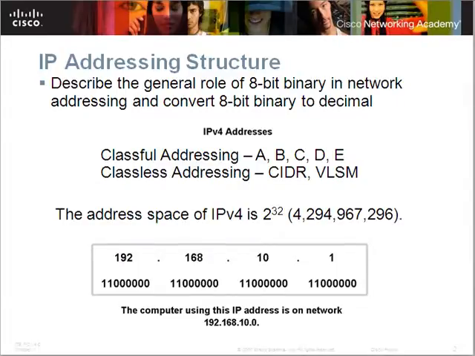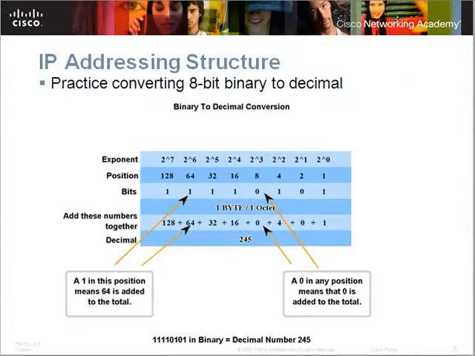To understand the concept of IP addressing, we need to understand how to convert an 8-bit binary number to a decimal number, and a decimal number to an 8-bit binary number. This is the table being given, and I have also shared one Excel file where you put any number in that entire 32-bit combination of 0s and 1s, and you will be able to calculate the subnet mask as well as the IP address of the network.